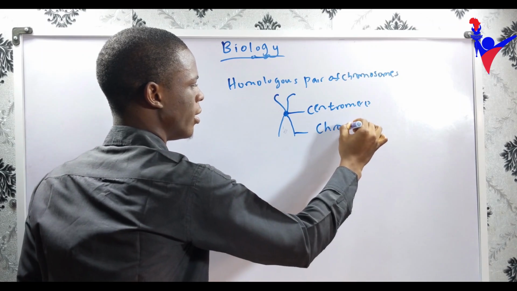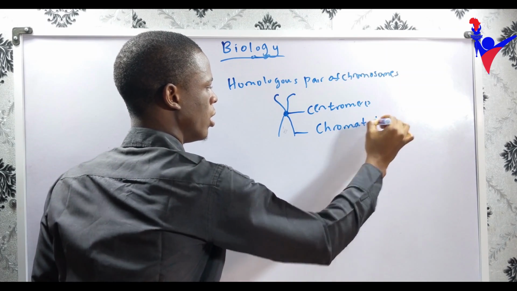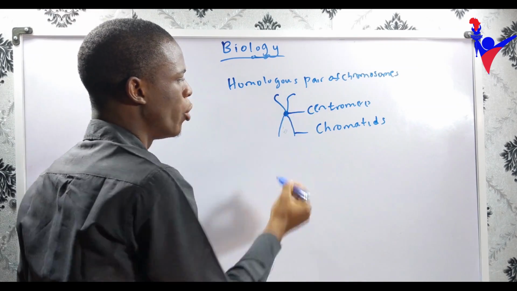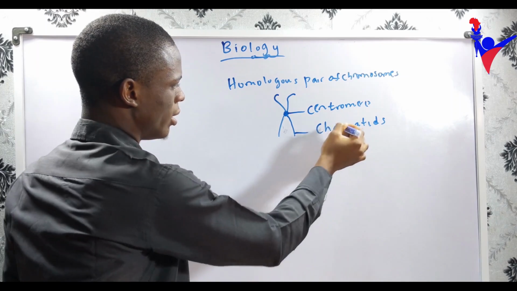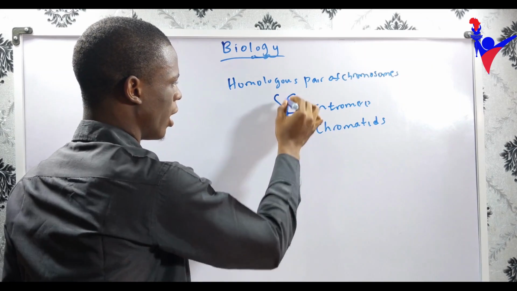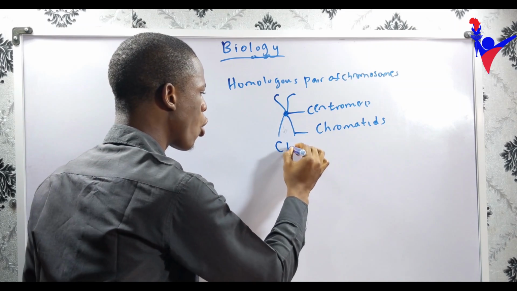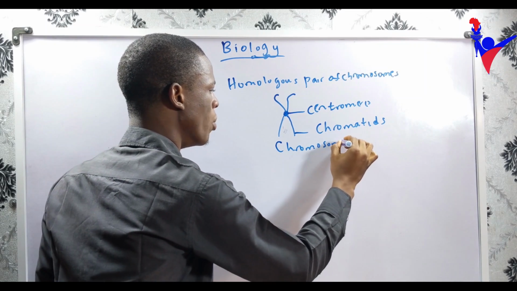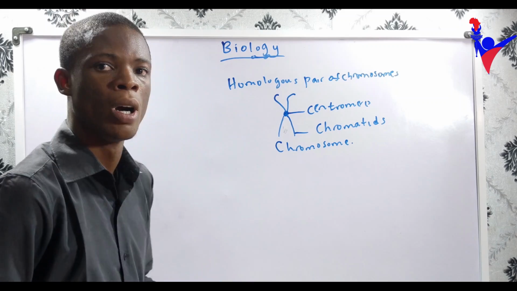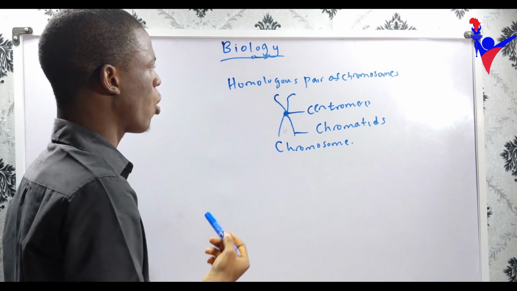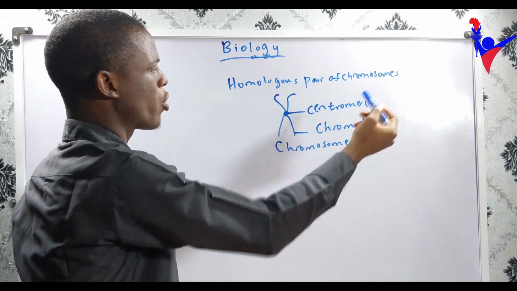The chromatids. This is the chromatids, this is the centromere, and we know this, as drawn on the board, is called what? Chromosome.